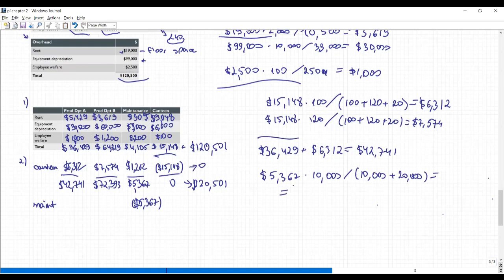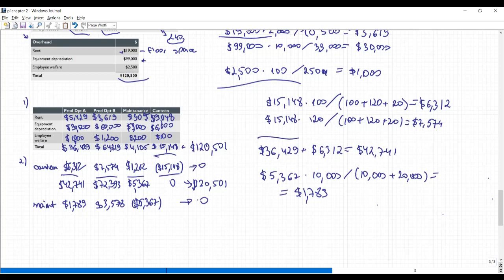Hold on. 5,367 gives 1,789. And for department B, it's going to be twice as much, so 3,578. And the total is going to be 0.